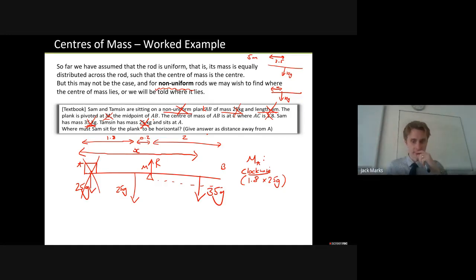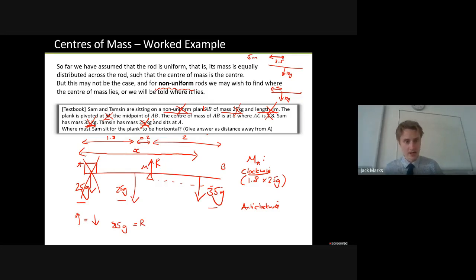R. R is there, and R is anti-clockwise. Now, there's a problem. I don't actually know what R is. So is there anything else I can use? Remember, up equals down. So all of the forces that we drew down must be equal to R. So 25g plus 25g plus 35g, that's 85g, must be equal to R.